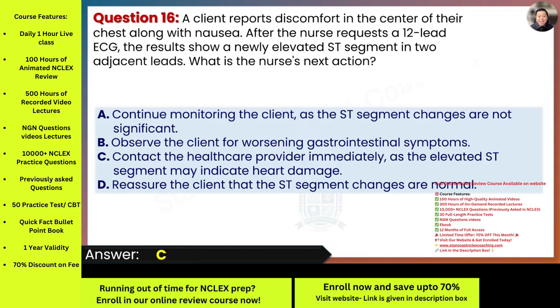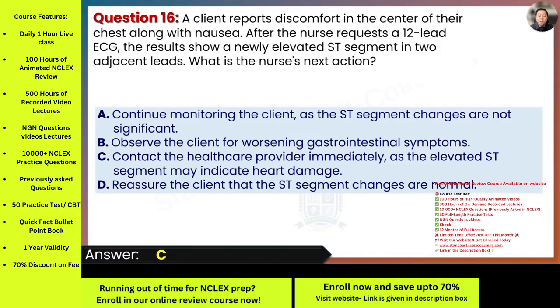And so this could indicate an acute myocardial injury or maybe ischemia, or conditions that require immediate interventions. The key clue in this question is the newly elevated ST segment, which is often a sign of heart damage, something that you will see in myocardial infarction.